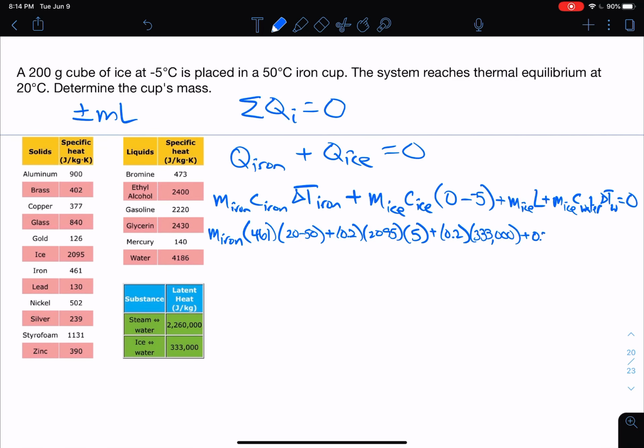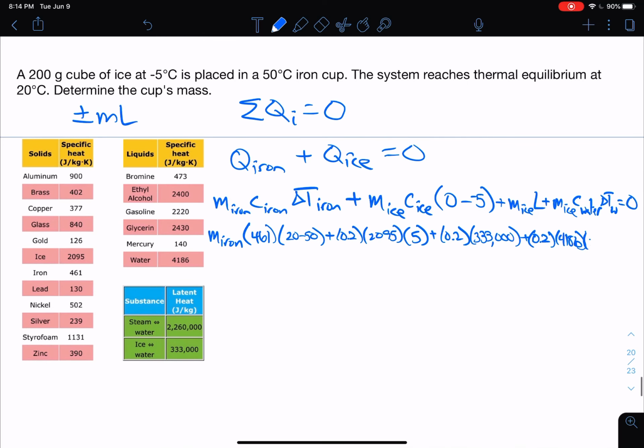And then 0.2, specific heat of water, 4186. Temperature change, it's going from 0 to 20, so this is going to be 20 minus 0. That all equals 0. So that got a little messy there, but this is 4,186, the specific heat of water, which you can see right over here.